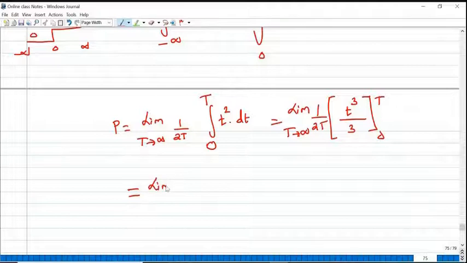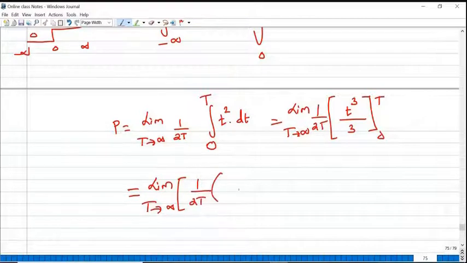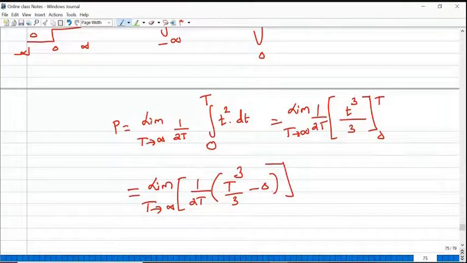So limit t tends to infinity, 1 by 2t times t cube by 3. This t cancels, and t square will be available.